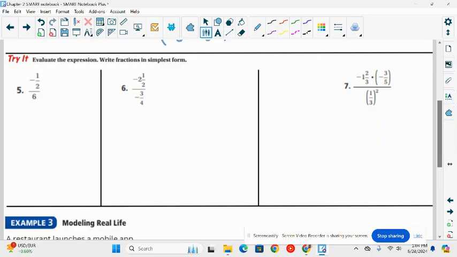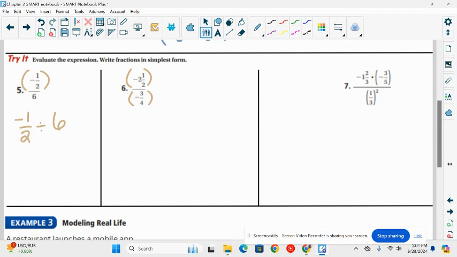All right, look at number 5. How can we rewrite that as a division problem? Negative 1.5 divided by 6. Okay, how would I rewrite number 6? Let's just rewrite it as a division problem first.